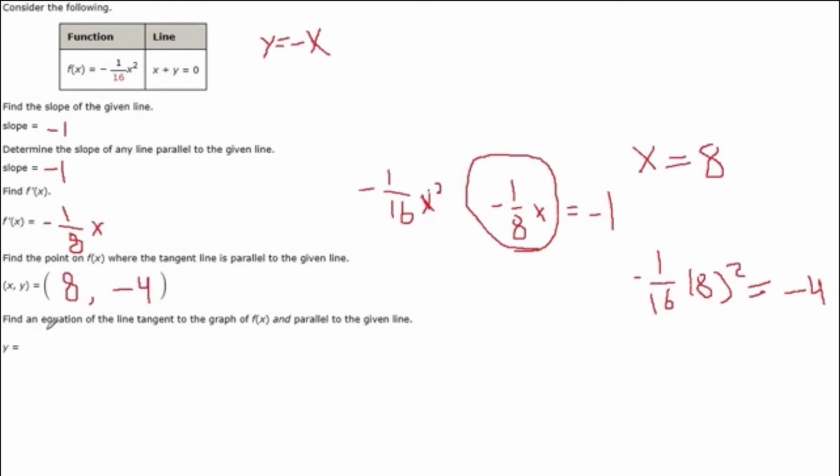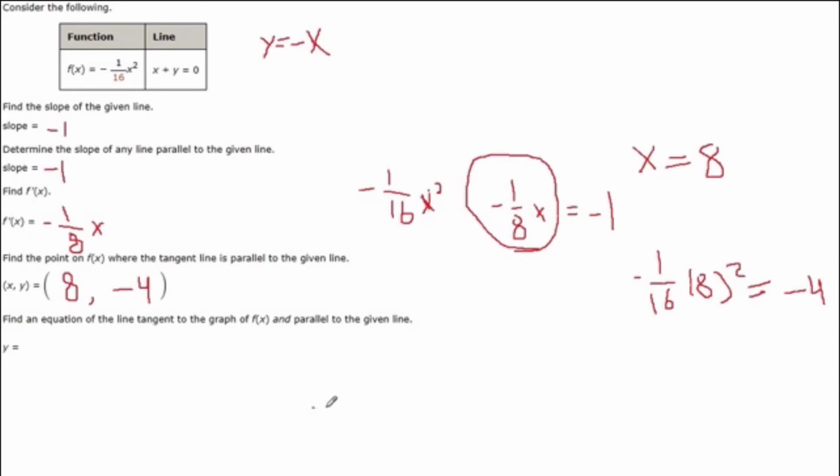And the last thing, we need to find the equation of the tangent line to the graph that is parallel to the given line. So how we do that is we go back to the line equation, plug in the point, and find our y-intercept value.